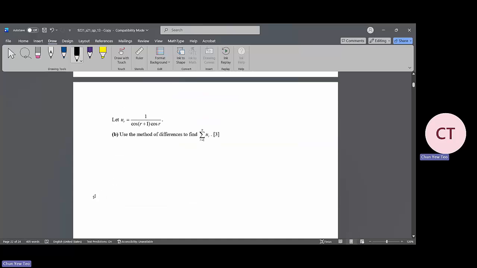Now we move on to number 1B. It's a series. The question gives you that the u_r looks like this, and they want you to find the sum of u_r from 1 to n terms. So we just need to change the u_r into this. You need to make use of the result in part A. But in part A, our numerator is sin 1, not 1.